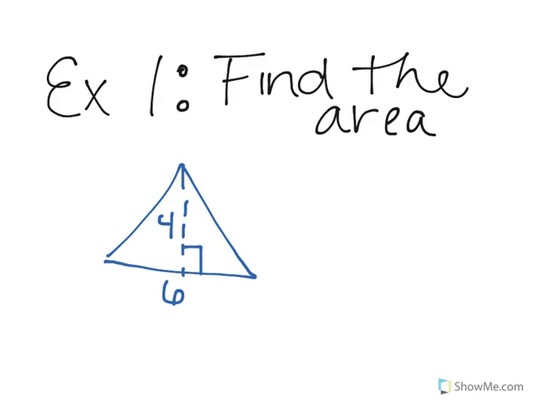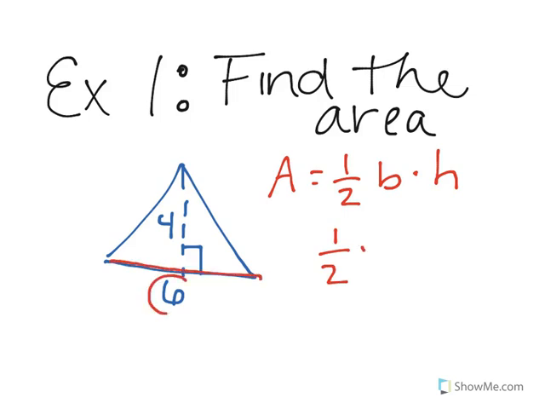So my first example says, let's find the area. I have to remember that the area of a triangle equals 1/2 the base times the height. So I'm going to write the equation as 1/2 times my base, which is 6, and because it doesn't have a unit, I'm just going to say 6 units. And then my height forms my right angle with my base, so my height is 4.